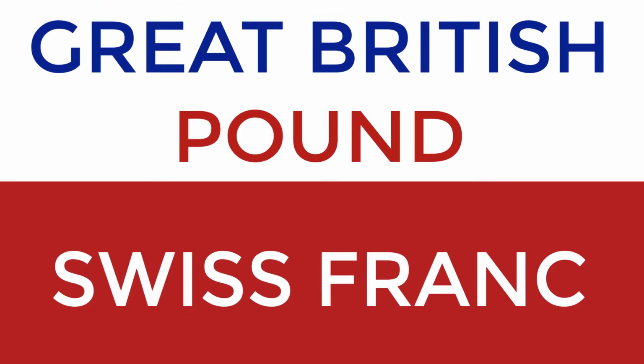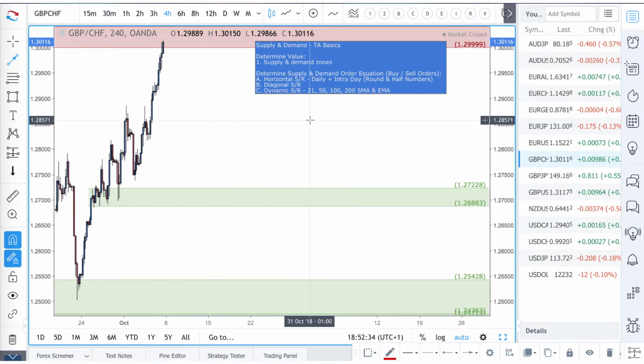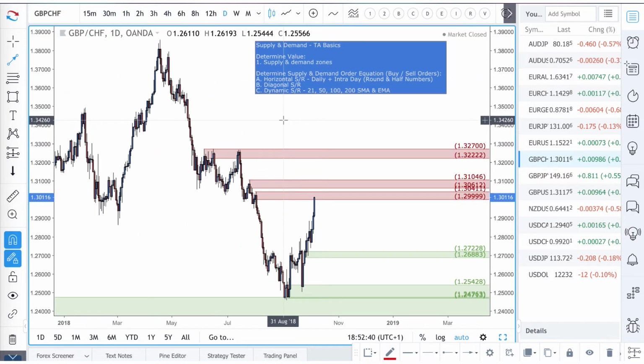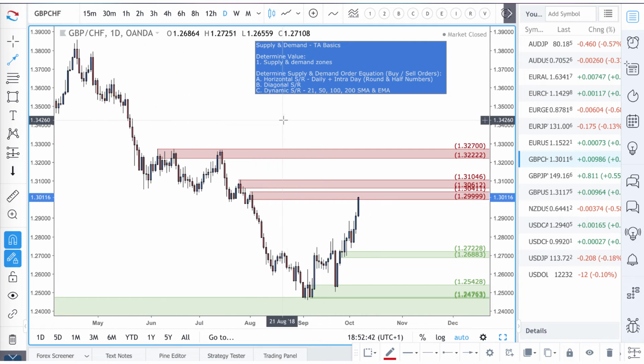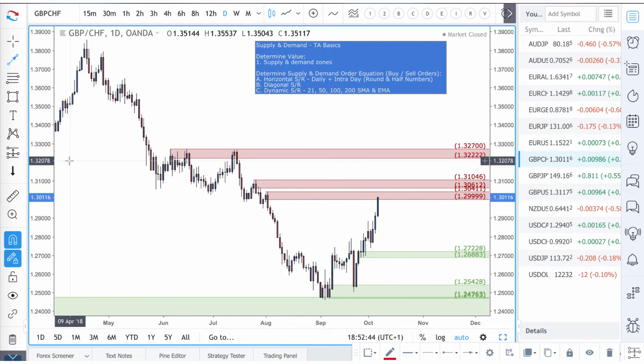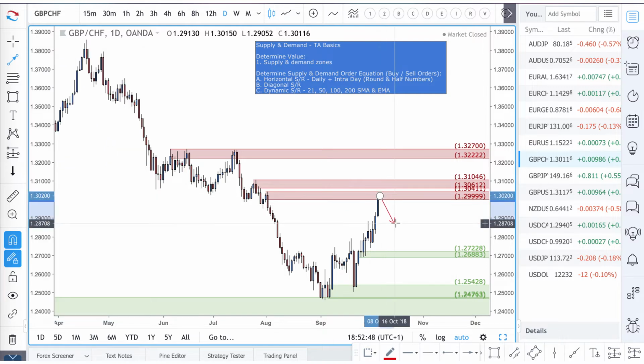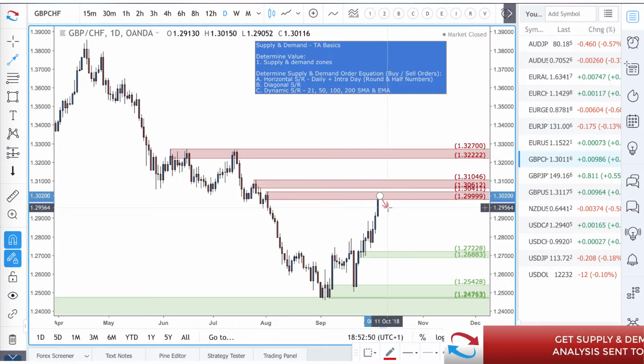Moving on to the pound Swiss. The pound Swiss, you can see the Swiss has just weakened and weakened and weakened. We are up into a daily chart supply zone here. So if we do see some lower time frame price action that indicates that this is potential profit taking here, right, then you may want to look to get short at these levels, right?